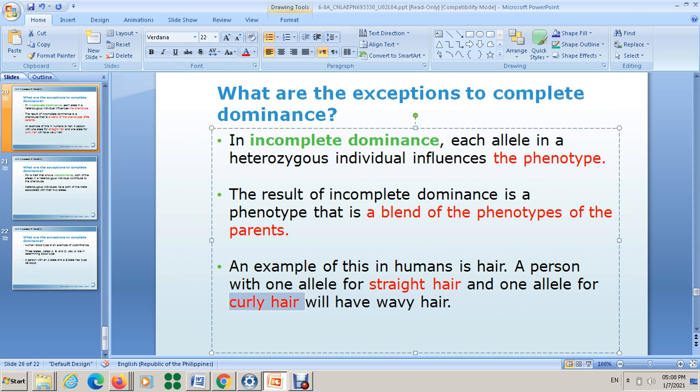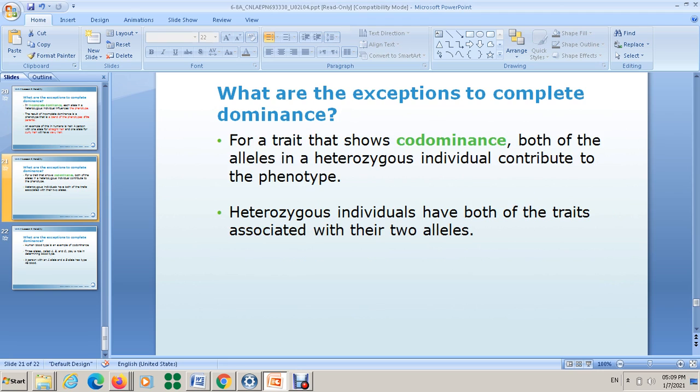Both of them give you a blend of the phenotype, which is wavy hair. That is incomplete dominance. This is an example.